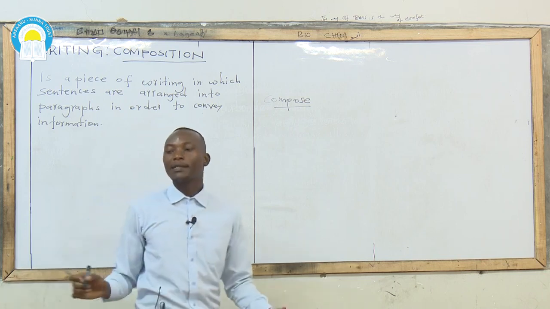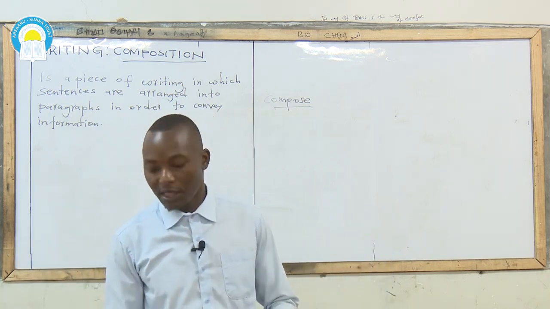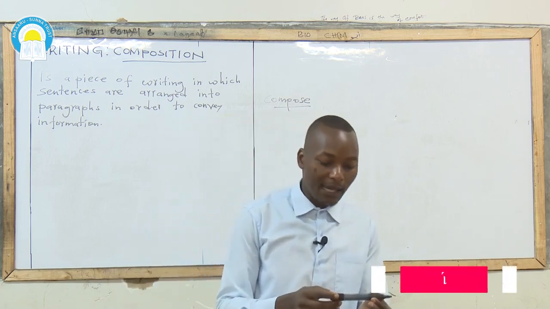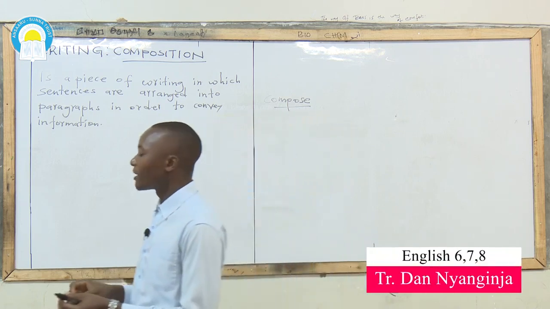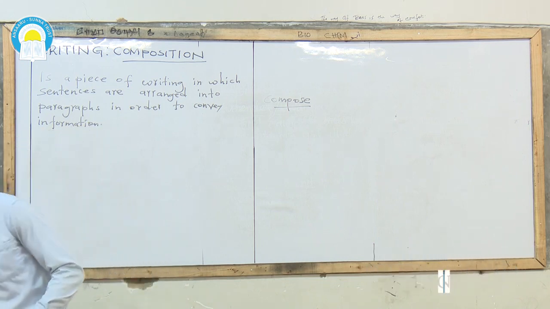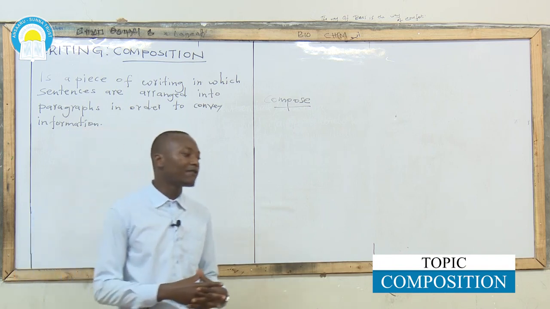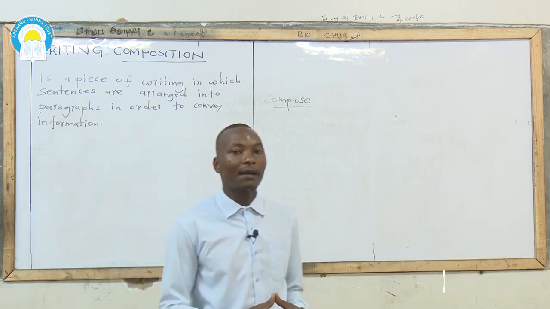So, having said that, I want us to look at the different types of composition. We have different types of composition in different levels. When talking about the primary school level and more so the senior upper classes, that is the 6, 7 and 8, we have different types of composition.